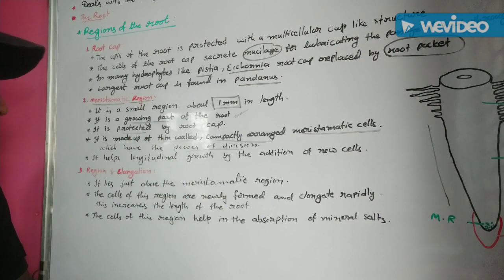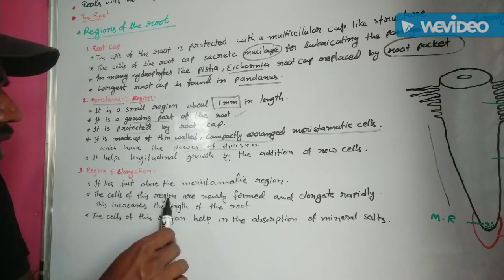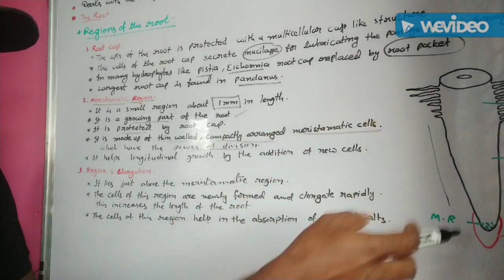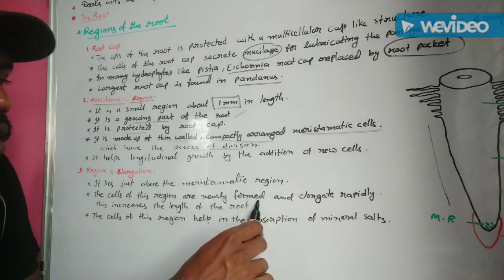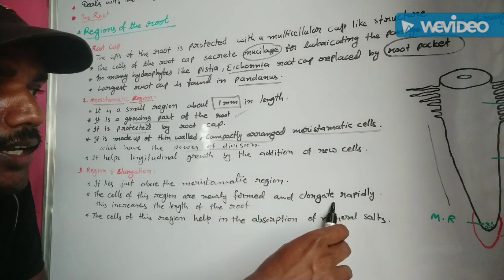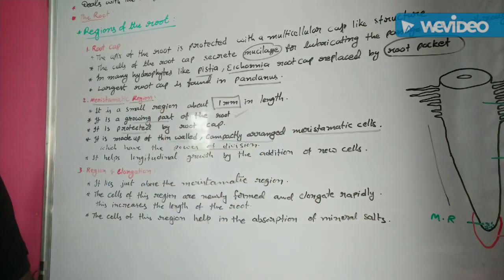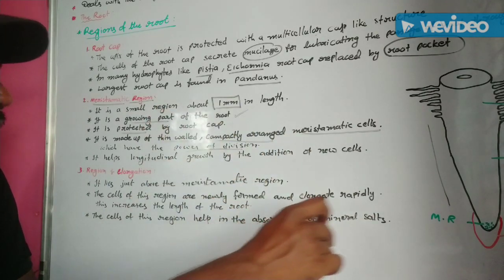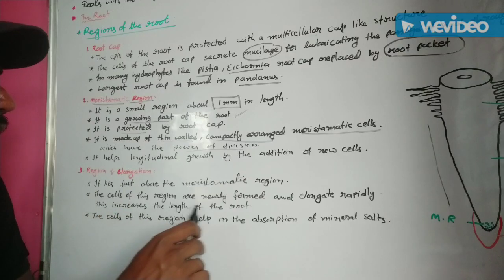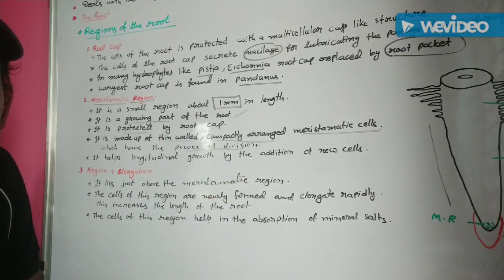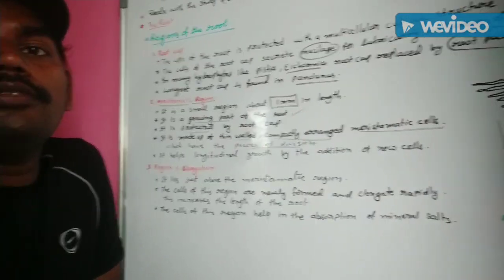Next one, the cells of this elongation region are newly formed and elongate rapidly. This increases the length of the root.